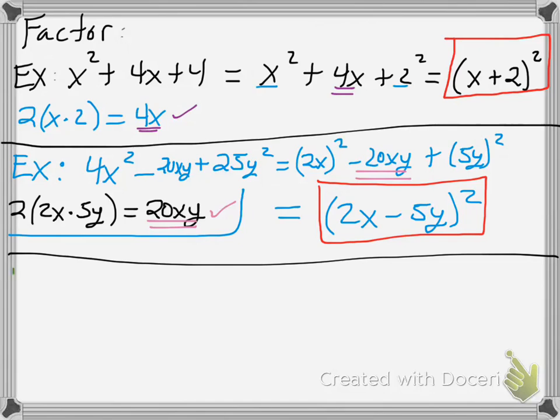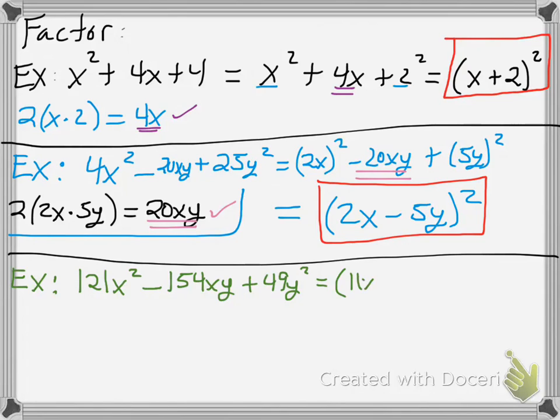Alright, let's do one more. I'm going with big numbers: 121x squared minus 154xy plus 49y squared. And we'll go ahead and rewrite that with our bases. So our bases are 11x and 7y. There's 3 terms, and we got 2 perfect squares.